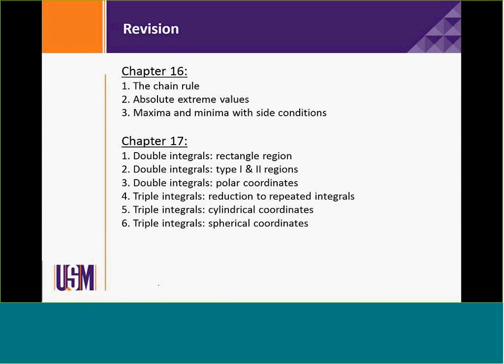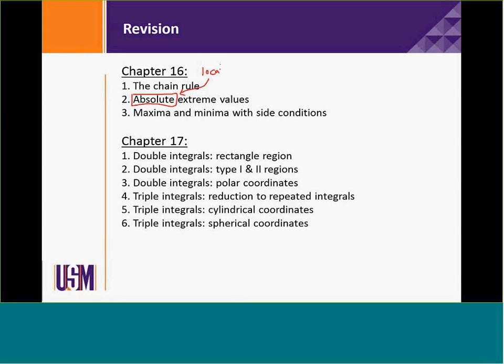Then chapter 16, the chain rule, and absolute extreme values. In order to get the absolute extreme value, you should know about the local extreme value too.